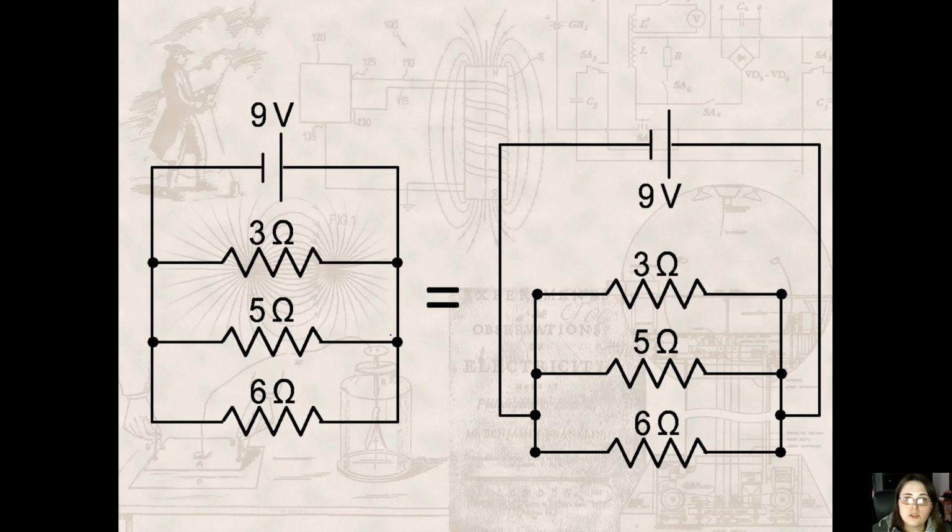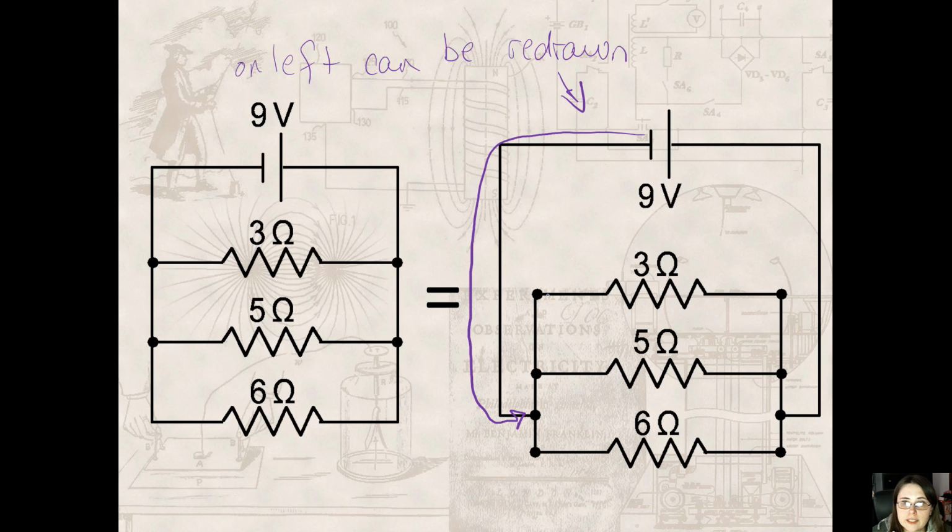So here you'll see this right here has this potential difference here on the left. On the left can be redrawn this way. So it means that all the voltage is going to be going into these.